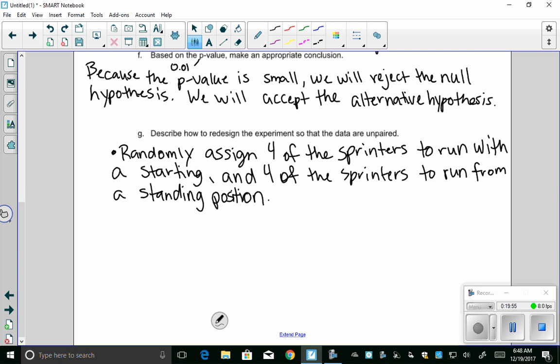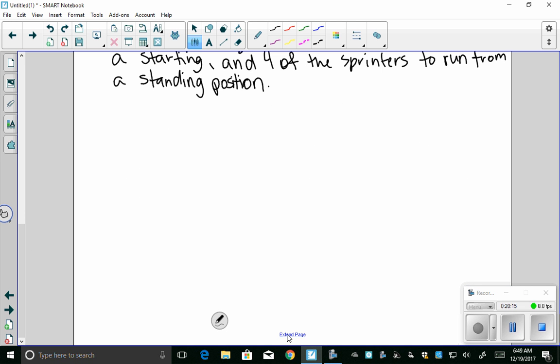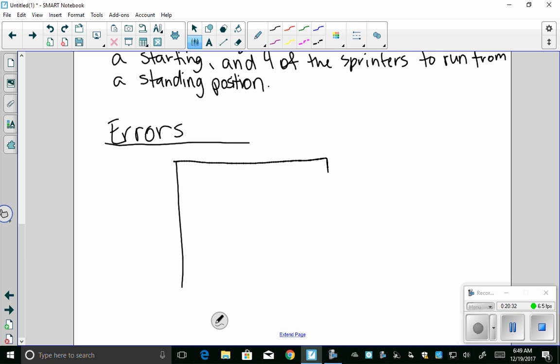One thing that I didn't talk about was the type of errors. There will also be a question on the different types of errors. So I would make a little side note. Errors. If we remember, we made this beautiful chart to help us remember how to determine.